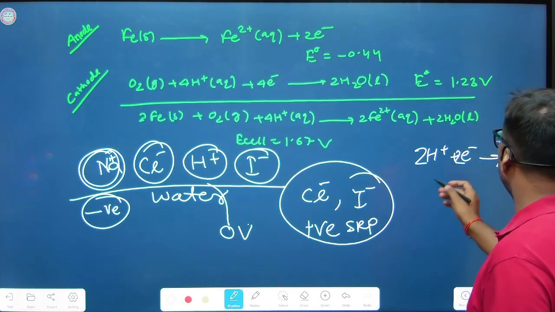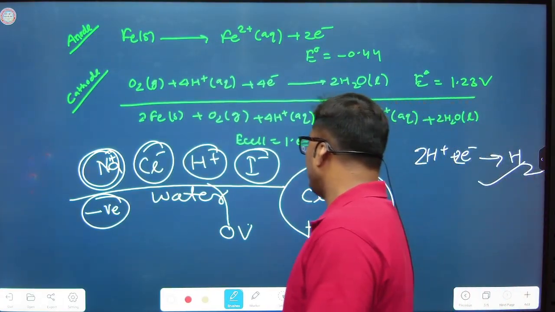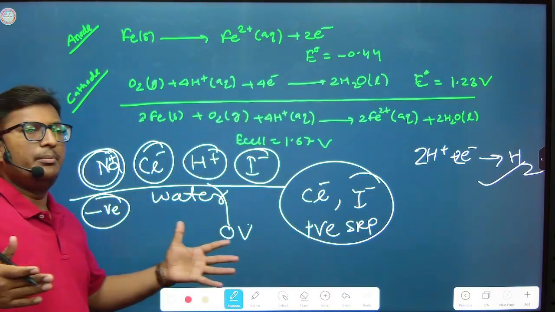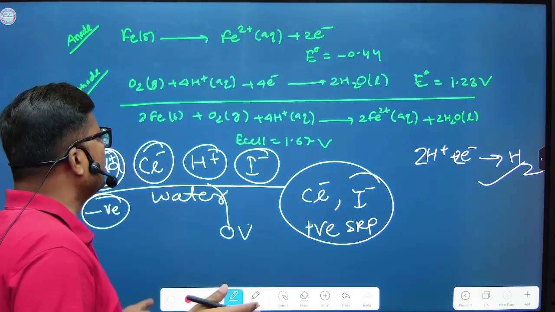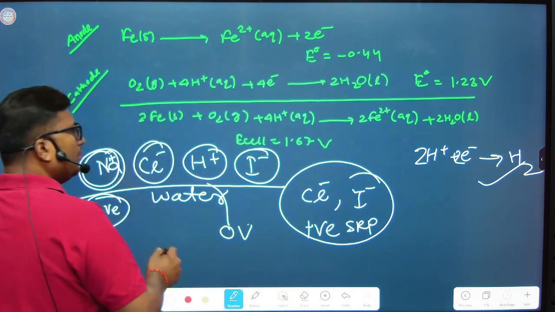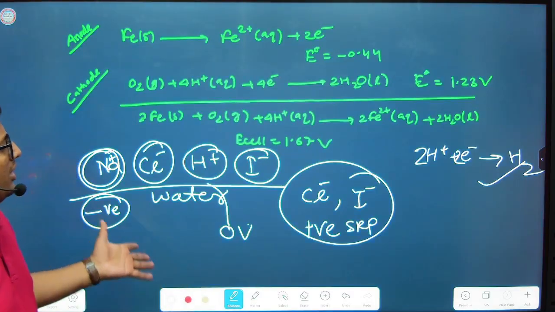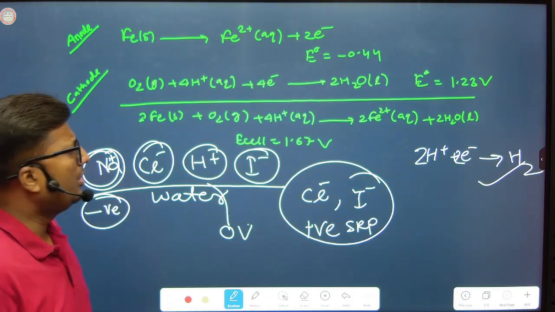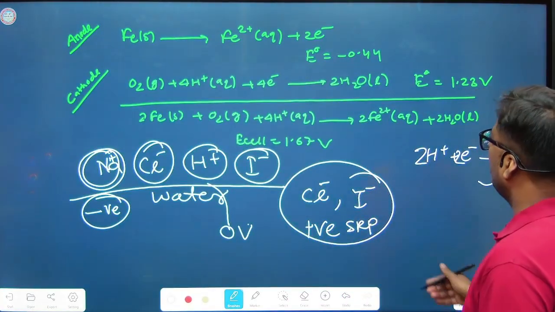So there may be chances of formation of hydrogen, right? So if we have a mixture of ions in a solution like that, we can predict the electrolysis of the elements depending on the standard reduction potentials.